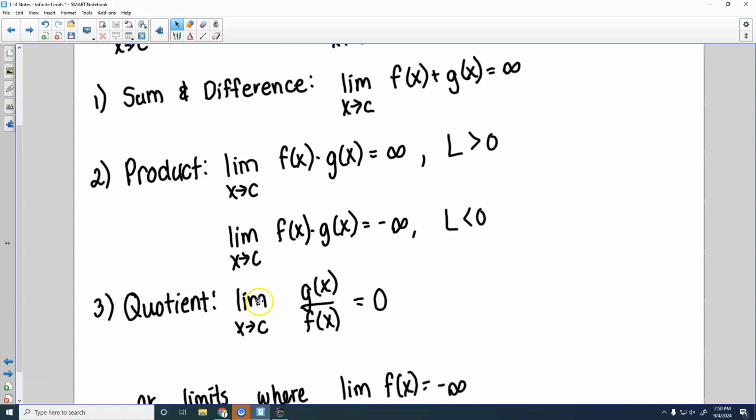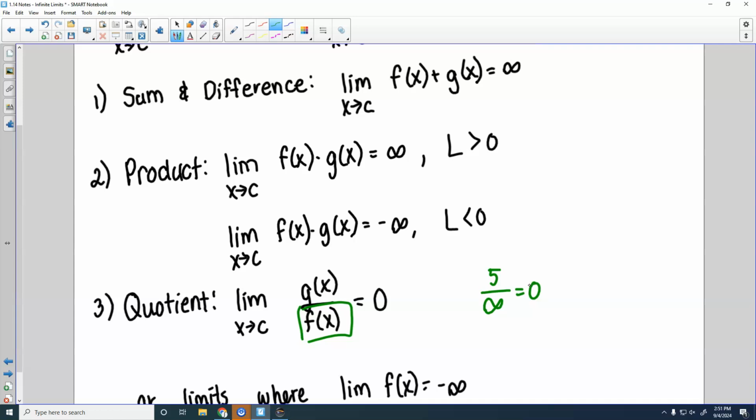If I have the limit as x approaches c of g of x over f of x, remember this part right here, f of x, is the one we said is infinity. It is not really correct to say that you plug in and you get something like 5 over infinity. You don't really want to write that down. But you can kind of think of it: if you got 5 over an infinitely big number, that is essentially 0, right?